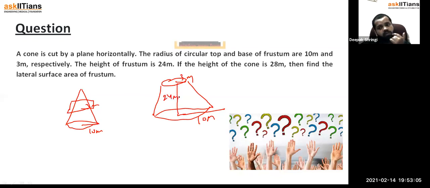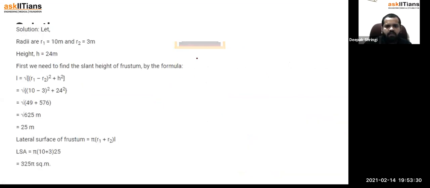If the height of the cone is 28 meter, okay, so the total height of the cone was 28 meter. Find the lateral surface area of the frustum. For lateral surface area, just calculate the value of L, then pi L into (R plus r). Just calculate the value of L and you will get the lateral surface area of the frustum, right?